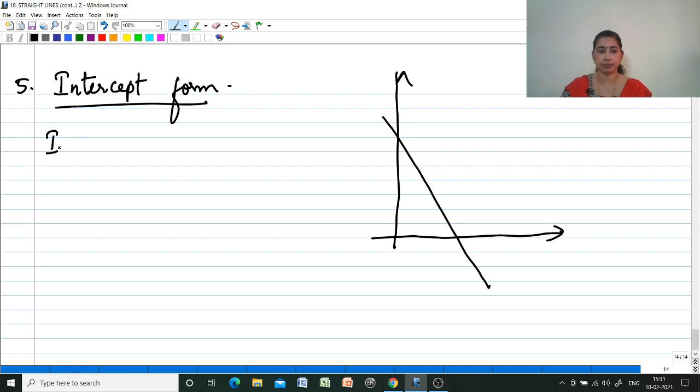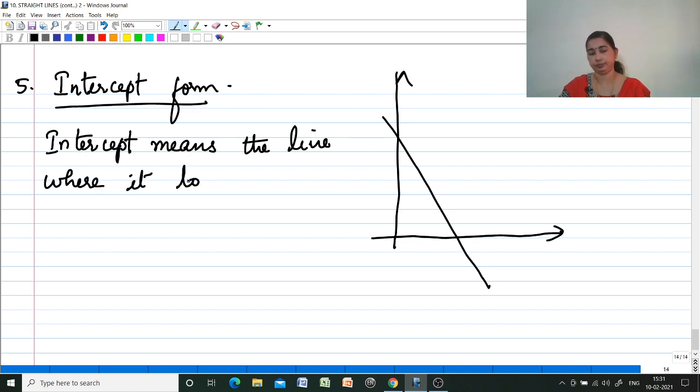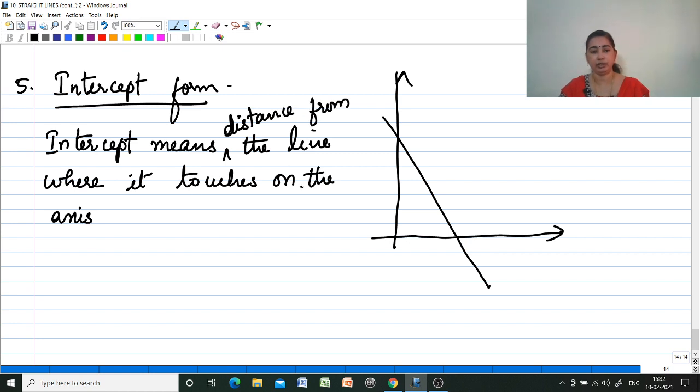So what do you mean by intercept? Intercept means the distance from the origin to the point where the line touches the axis. So x-intercept means the distance from the origin to where the line touches the x-axis.